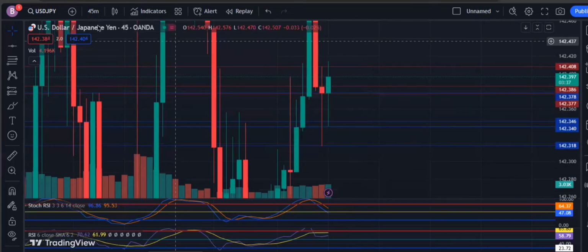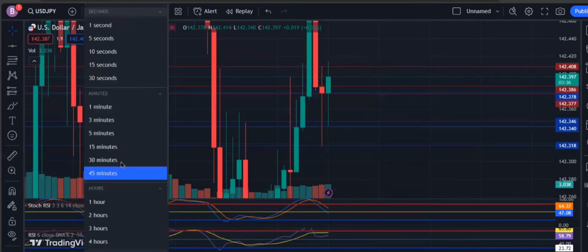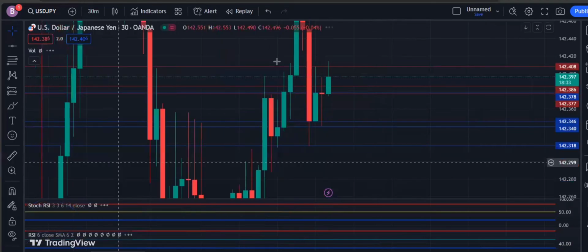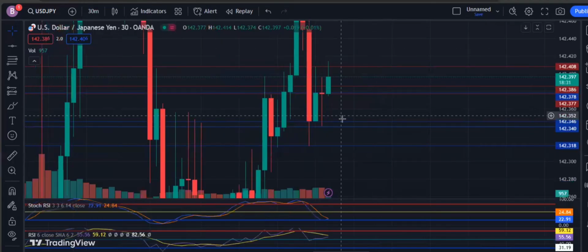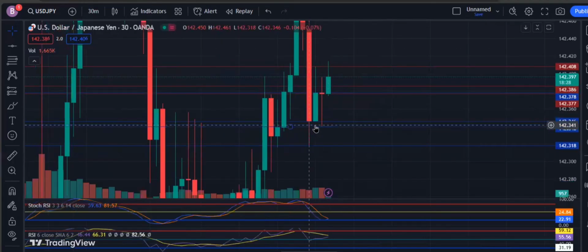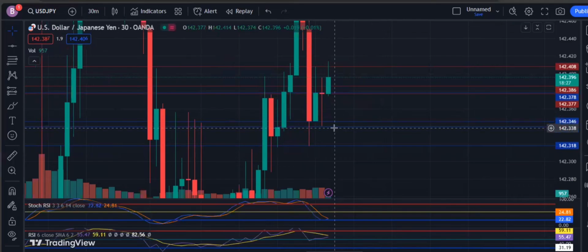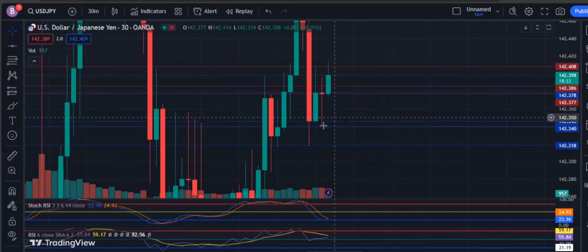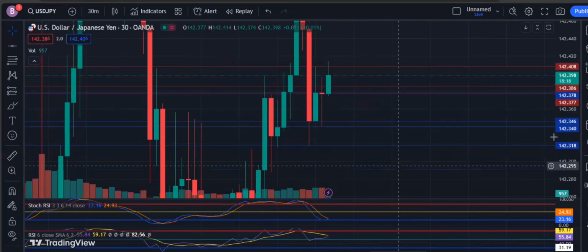We proceed to 30 minutes. We repeat the same thing. Now look, on the 30 minutes, I think the 45 minutes or the hourly time frame has already taken the wick below that candle.